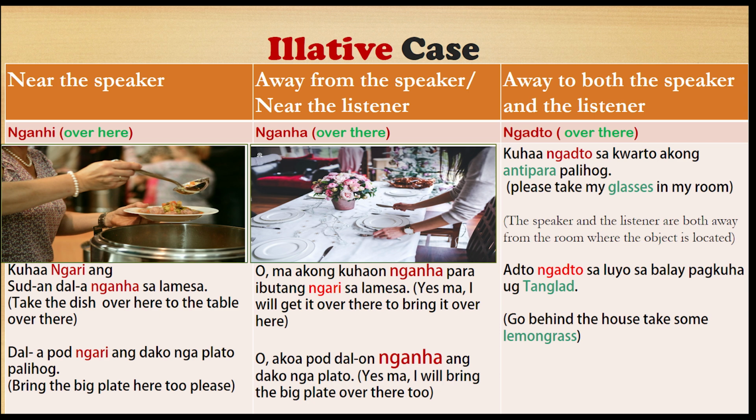Yes ma, I will get it over there to bring it over here, sa lamisa. So, very polite kid, okay? Yes ma. Next, ako pod dalon nganha ang dako nga plato. Yes ma, I will bring the big plate also over there.